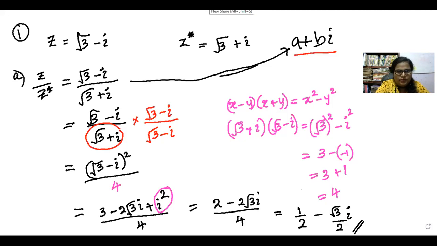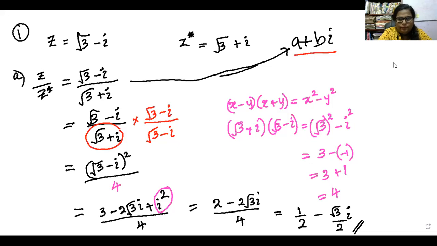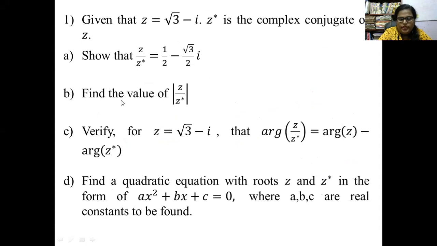So let me show you the question again. In part B, you have to find the modulus value of this complex number. So you know that these are the main properties of a complex number, modulus and arc value, right? Modulus value means the length, when you draw, okay, let me share it on the whiteboard.